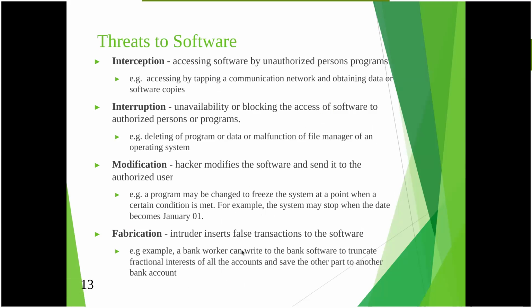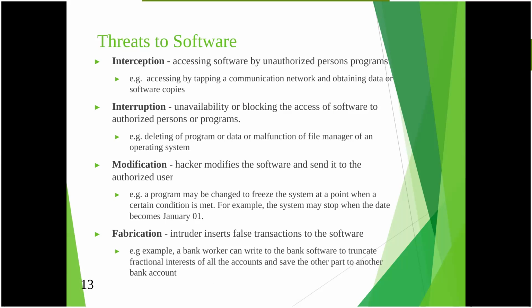Application: an intruder inserts a false transaction into the software. For example, a bank worker can write to the bank software to truncate fractional interest of all the accounts and save the other part to another bank account. The intruder changes the software, but the user cannot see the changes.